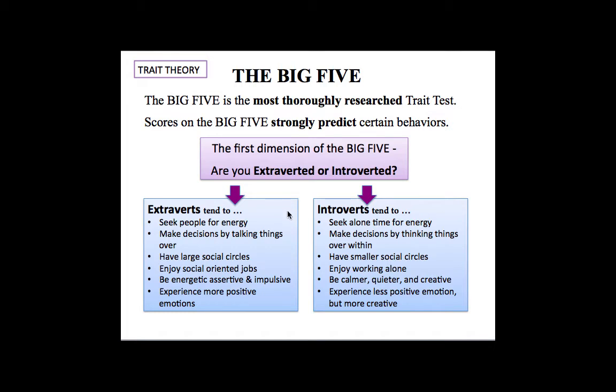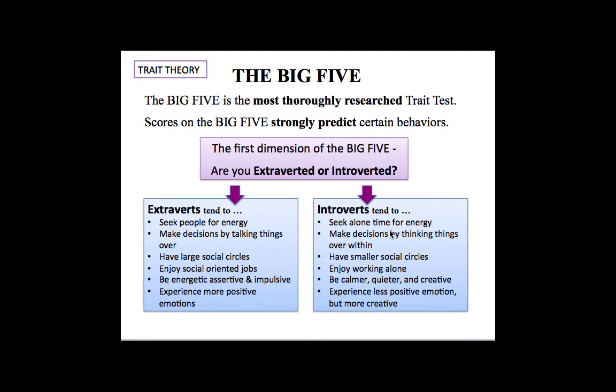Extroversion and introversion is sort of a natural biological impulse. It's how you get energy. Do you get energized by being around other people? Do you get energized by spending time alone? Are you more drawn to the external world, or more drawn to the internal world? It's a pull.